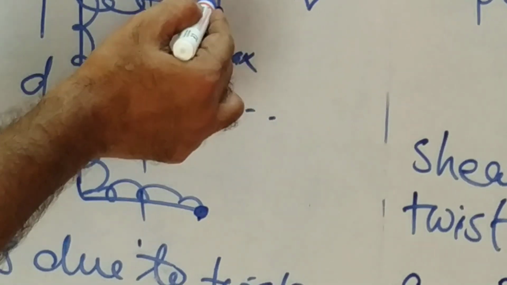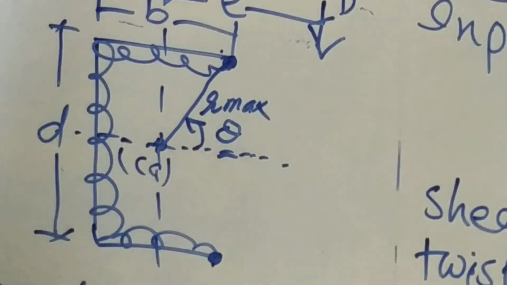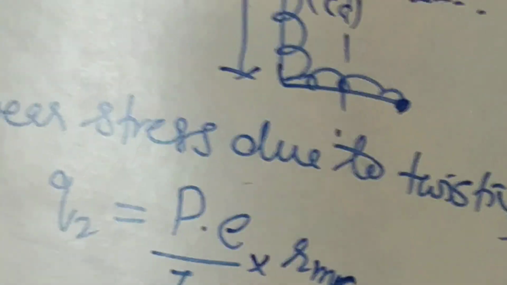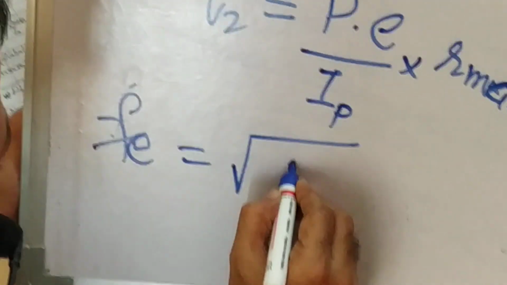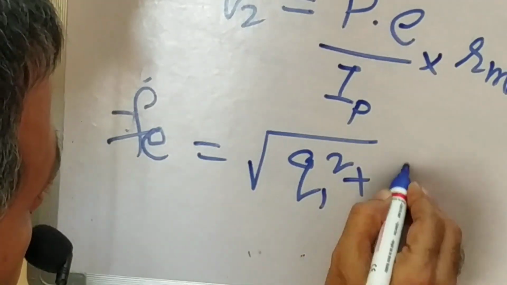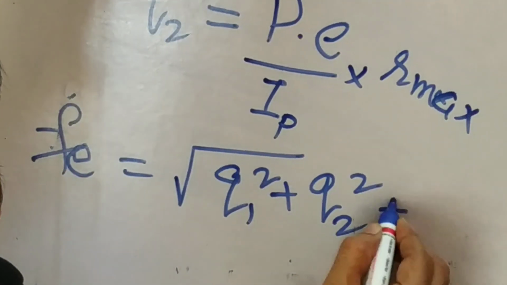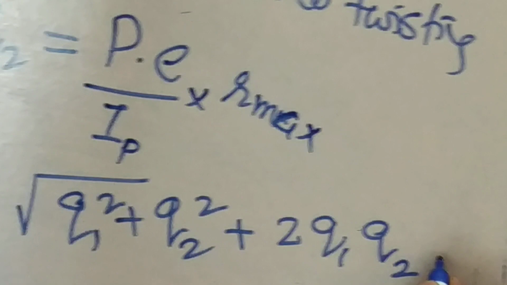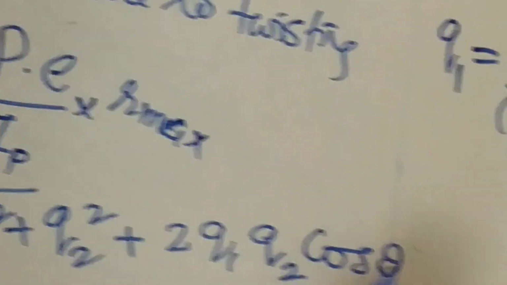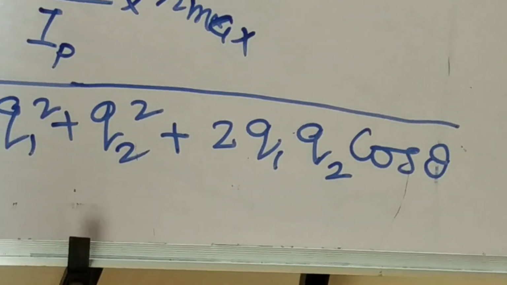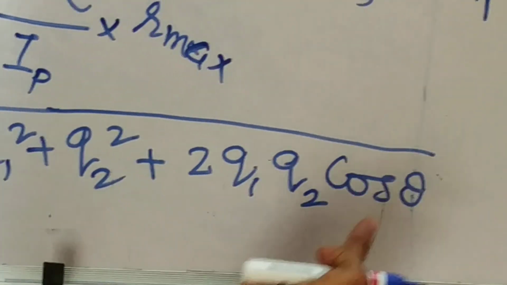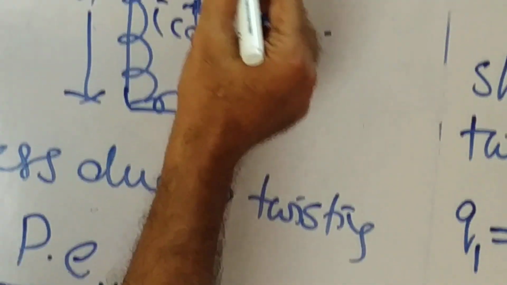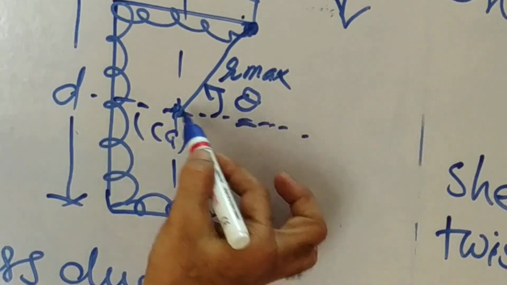So the resultant stress at this point is FE equal to the square root of Q1 square plus Q2 square plus 2 Q1 Q2 cos theta, and theta is the angle between the horizontal CG line and the extreme point.